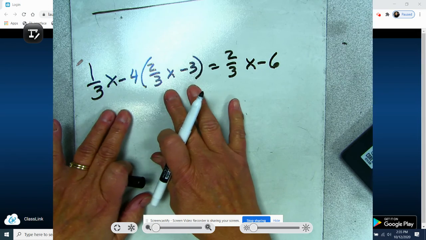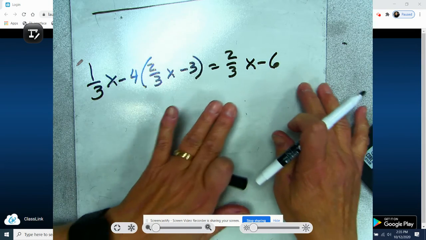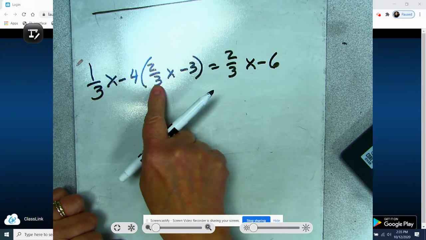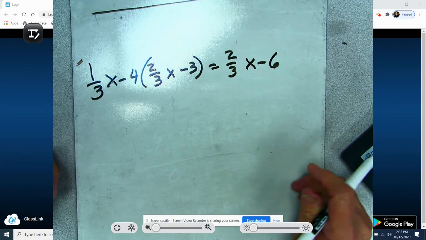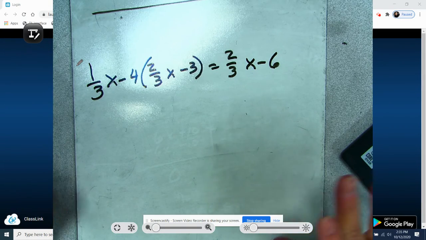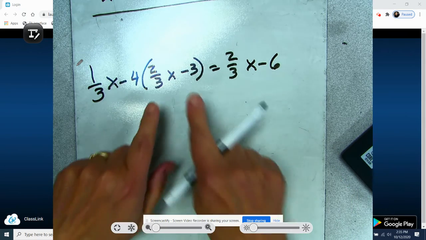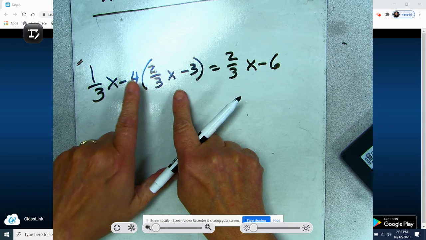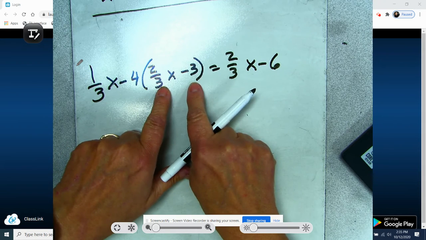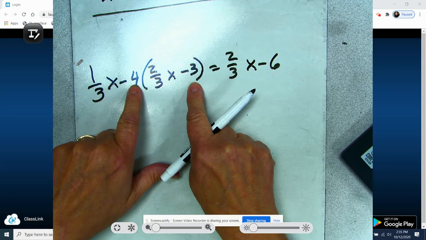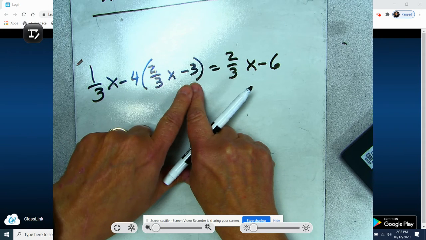All right, a lot of things happening on this side of the equation, only two things on this side. 3, 3, 3. Oh my gosh, lots of threes. So we're going to multiply everything by 3. Be careful though, because you're going to multiply 4 times everything in here. If you multiply 4 times 3, then you don't have to worry about multiplying everything else by 3.